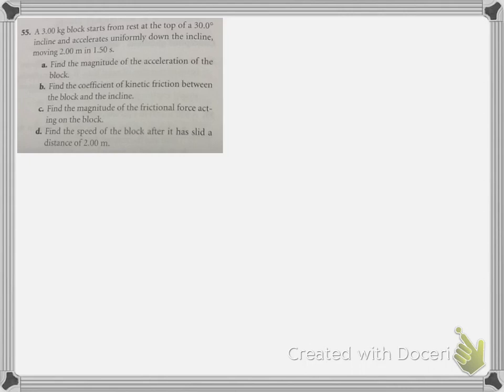So I've got an incline that makes a 30-degree angle. There we go. So I have a 30-degree angle. And I have a box that's at rest. So I know my initial velocity is 0 meters per second.